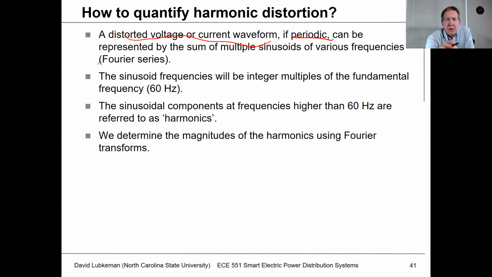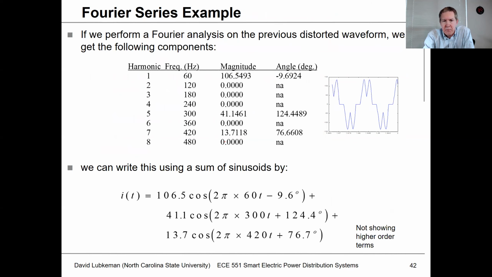This is sometimes referred to as the Fourier series. These components are going to be integer multiples of the fundamental, and these integer multiples are what we refer to as the harmonics. So the non-60 hertz or non-fundamental terms are the harmonic terms. If we do a Fourier transform analysis, then we can get the magnitudes and angles of these harmonics based on raw data, based on measurements.